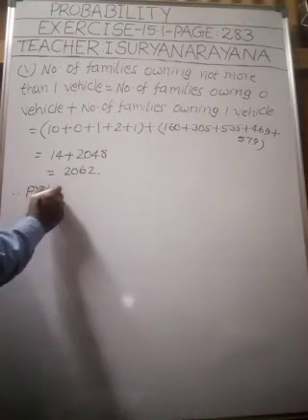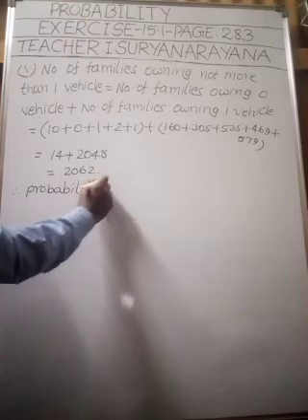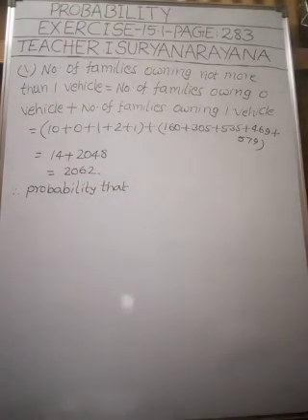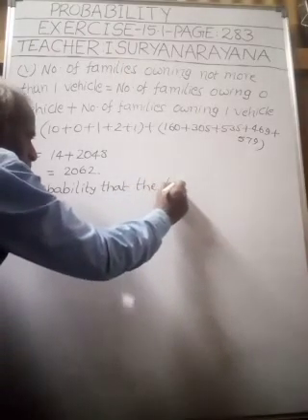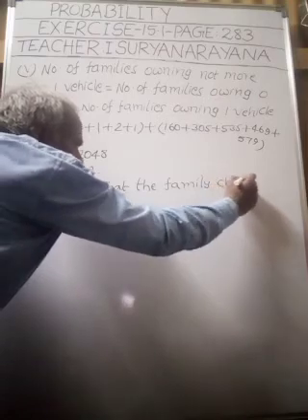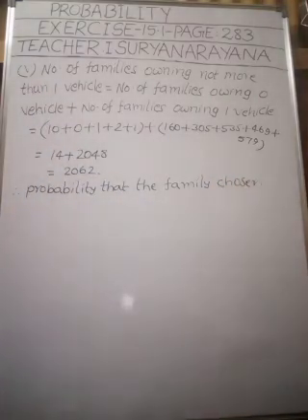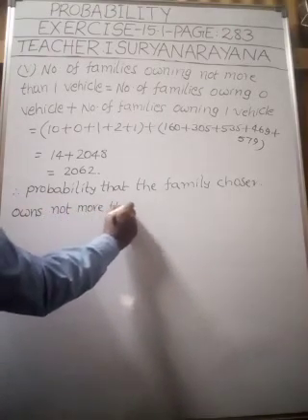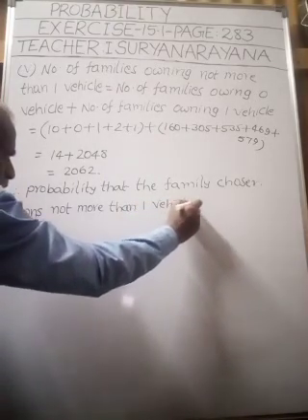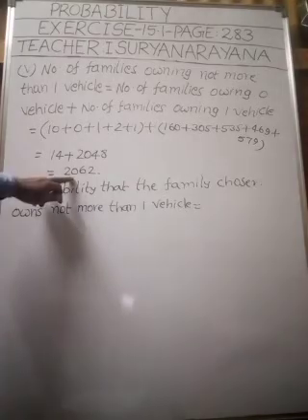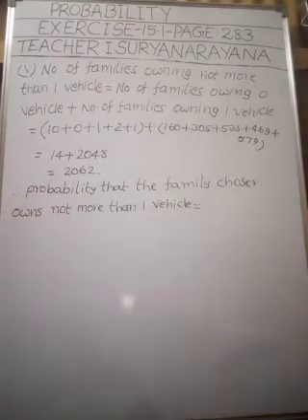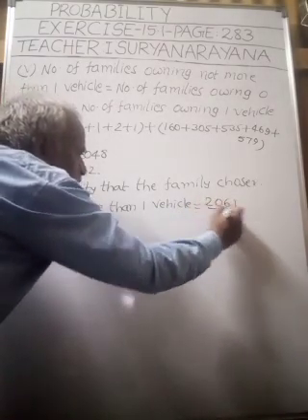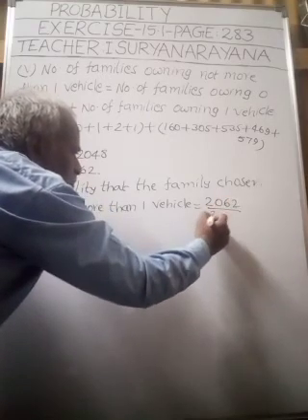Therefore, probability that the family chosen owns not more than one vehicle is equal to this number by 2400, total number of families. 2062 by 2400.